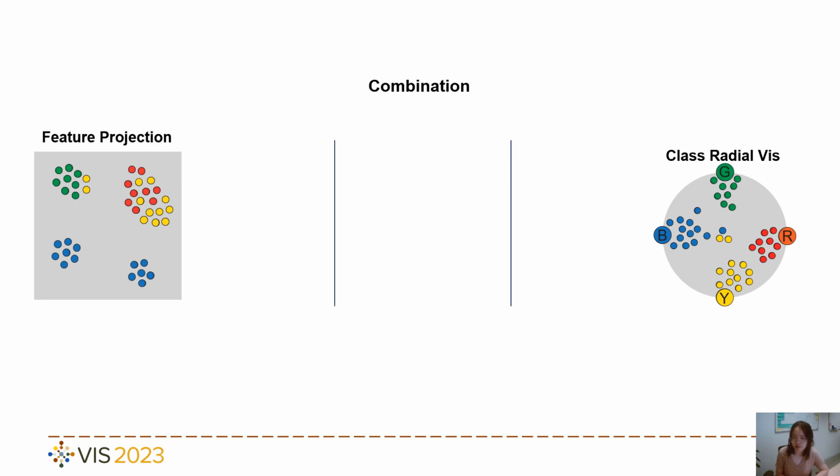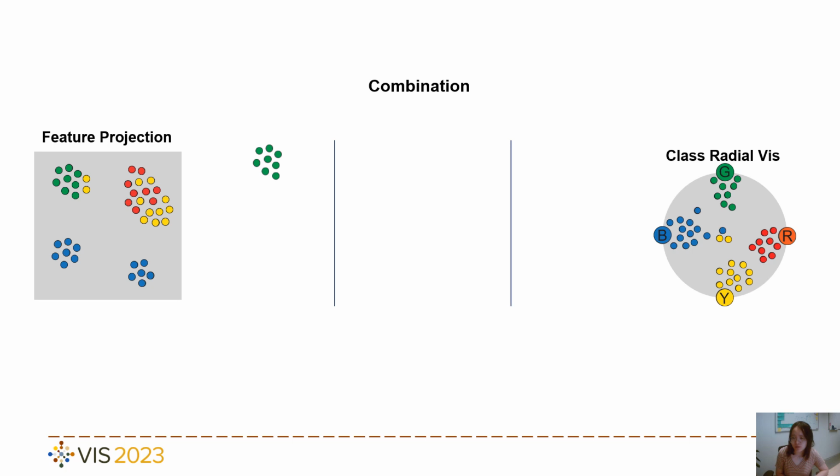By adding class landmarks and further constraining the positions of data points and class landmarks, what kind of visual patterns can we expect? In the feature projection view, those well-clustered data points of the same class, say the green ones, tell us they are similar in feature values.